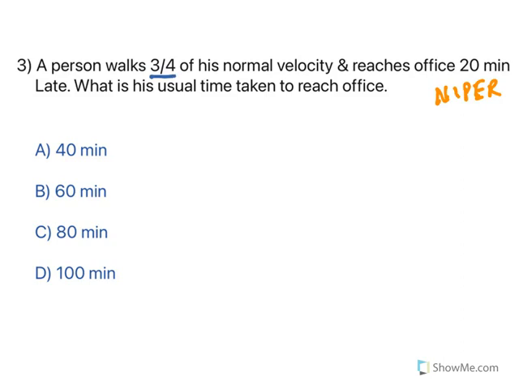A person walks at 3/4 of his normal velocity and reaches office 20 minutes late. What is his usual time taken to reach office? Now understand this question. See, again, this is the distance. When he travels with his normal velocity, at a particular time he reaches, right?